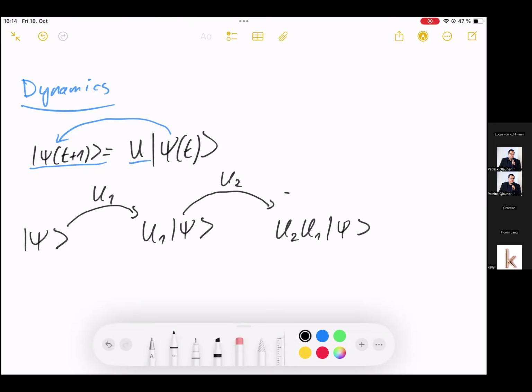We could also write this as something like, at time t with the notation from before, we could write that this is just the same as, say, psi ket at t plus 1.